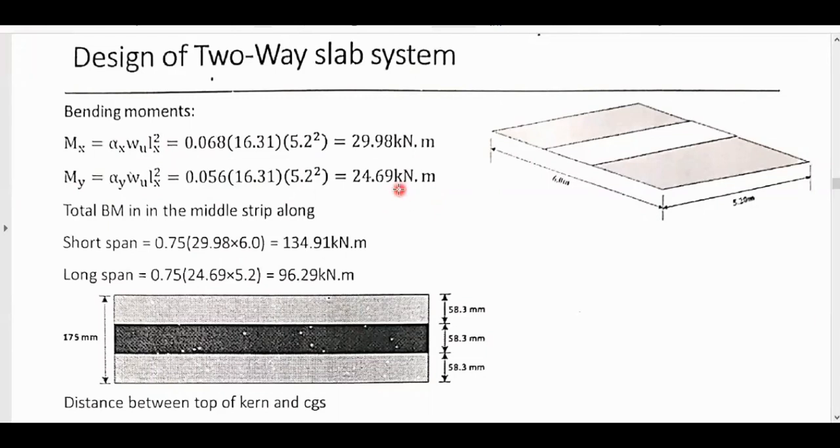Once we have this, we are going to distribute the moments. So total bending moment in the middle strip, for the shorter span it is 0.75 into this value Mx, and for the longer span again it is 0.75 into the calculated bending moment.